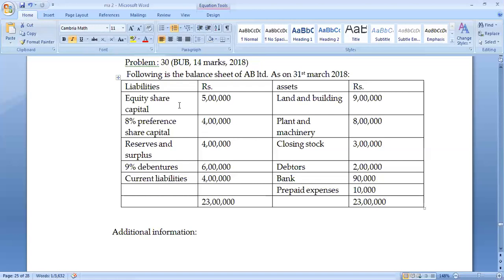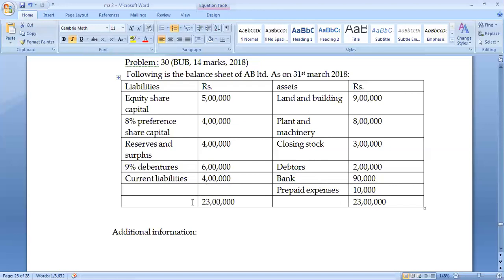Equity share capital is given as 5 lakhs. 8% preference share capital is given as 4 lakhs. Reserves and surplus is given as 4 lakhs. 9% debenture 6 lakh. Be careful while computing what formula and what thing you need to apply for a particular formula. Current liability is given as 4 lakhs. Clear? The land and building, plant and machinery, closing stock, debtors, bank, prepaid expenses are given.